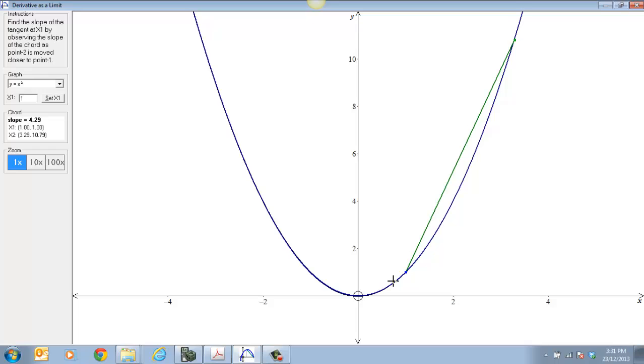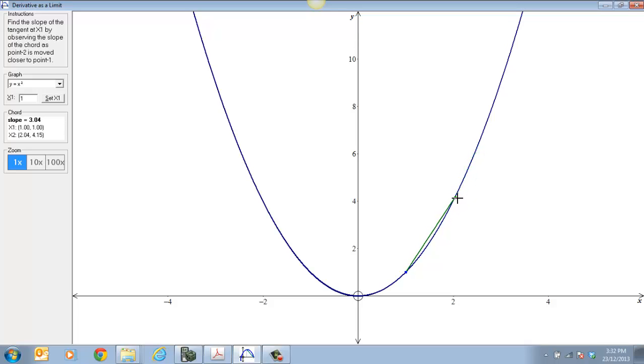If I want to know what the rate of change is at 1, 1, then what I could do is move that point closer to 1, 1. So you notice as I'm moving that closer to 1, 1, what's happening to the slope? Have a look at the slope. I'll move it a little bit closer. Slope seems to be decreasing, doesn't it?